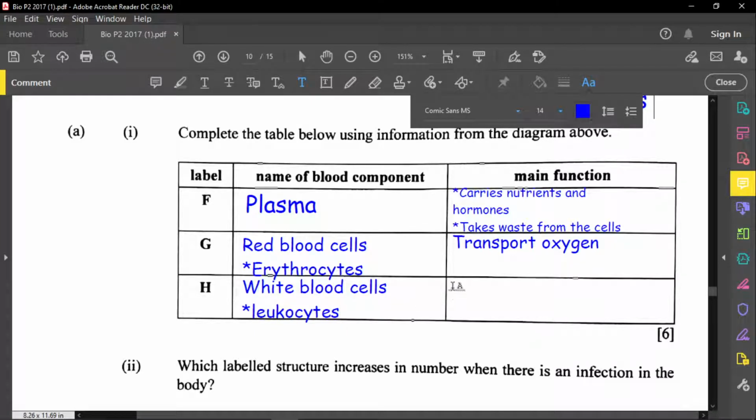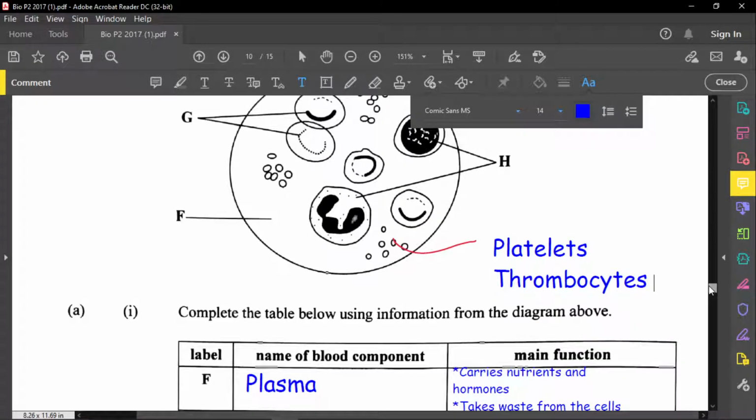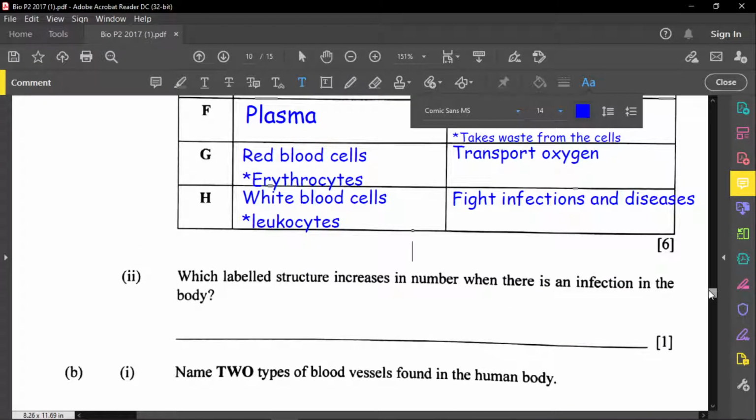The function of white blood cells is to fight infections and diseases. So that's the function of the white blood cells. Again, you can just scroll back into your diagram and look and see exactly. Let's now go into another part of the question.